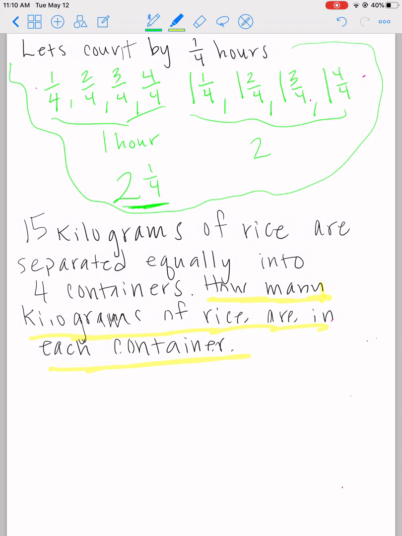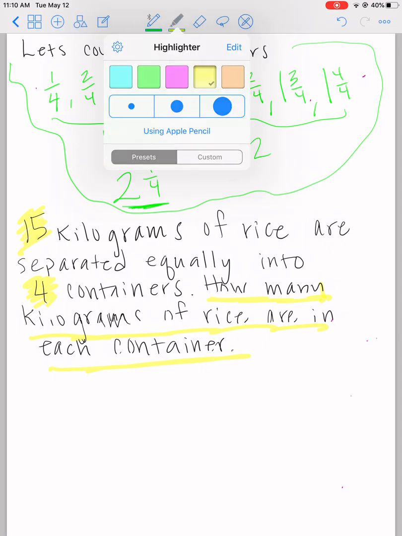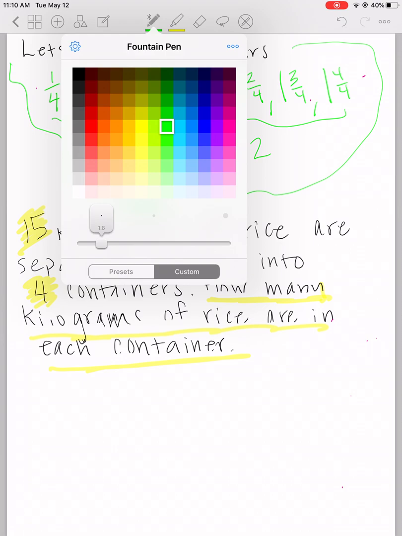And I also know that they gave me 2 important facts that I need: 15 kilograms and 4 containers. Do you think that you can draw this story for me? Or think about it. Go ahead and press pause because I don't want to ruin it. I want to see you try. Press pause and think about it and then come back.